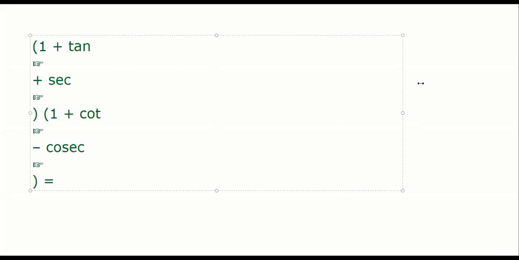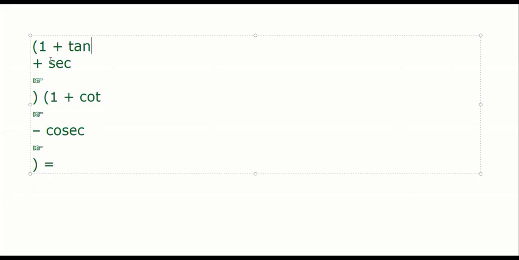Good. Now what should I do now? Theta I am assuming is y, okay? 1 plus tan y plus sec y.